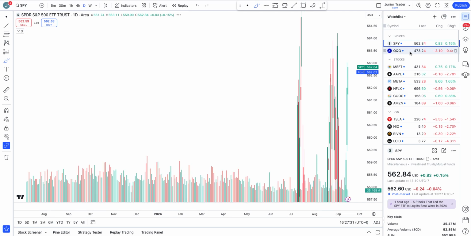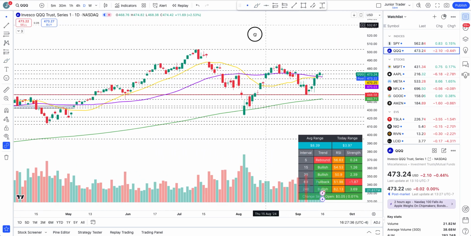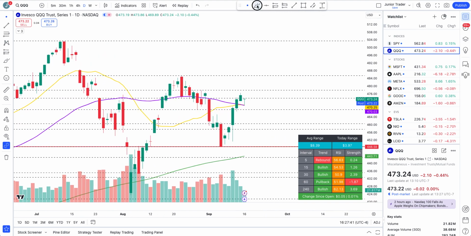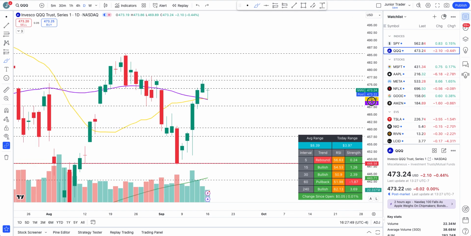Let's take a look at QQQ. And QQQ is also full on bullish in the structure, and I also talked about in the morning, as long as we hold above 467.89, that will just constitute a pullback, and well, the pullback just got bought back up above the 20 and 50 day moving average.